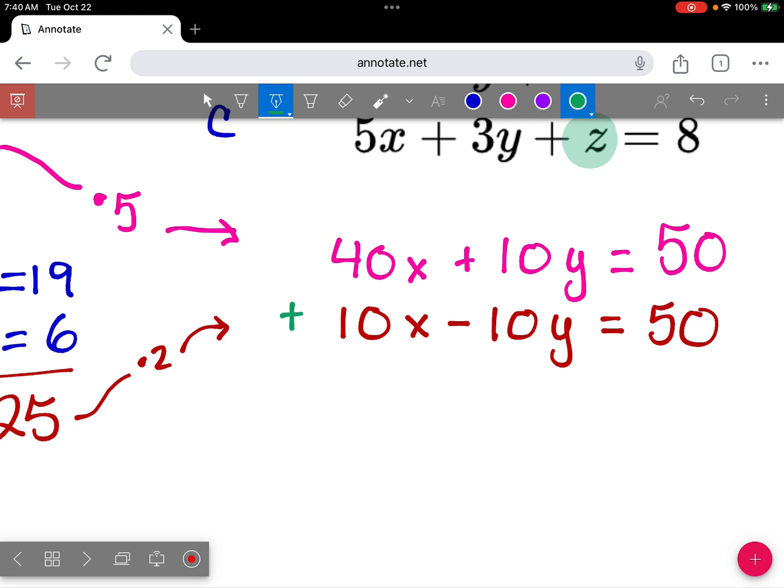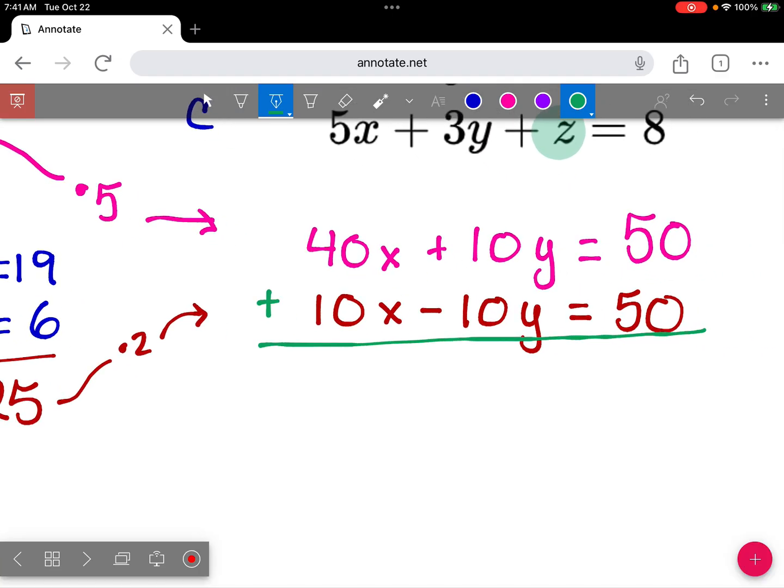So now we're going to do this set of elimination. Give me 2 more minutes because we're pretty close to the end on this one. So we've got our 40x plus 10x. It's going to give us 50x. My 10y minus 10y is 0 y's, so those cancel out.